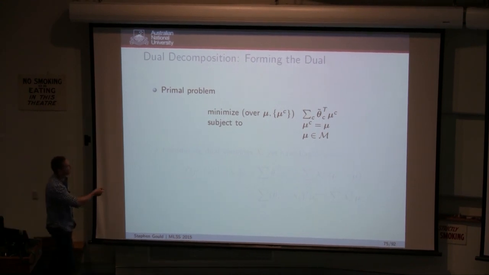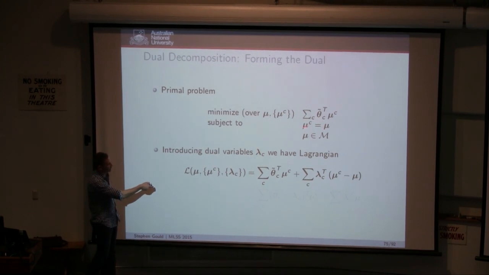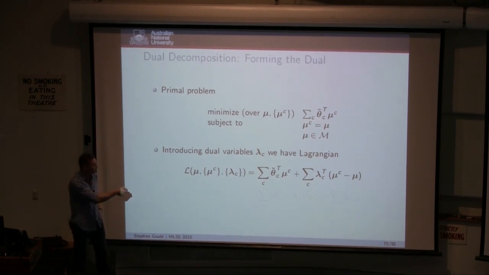I can decompose the problem. So my primal problem in this form that I've written it as is to optimize over all of the original indicators plus their copies in this form. And I can write out the Lagrangian for this optimization problem by introducing Lagrange variables lambda c for each of these equality constraints. Okay?